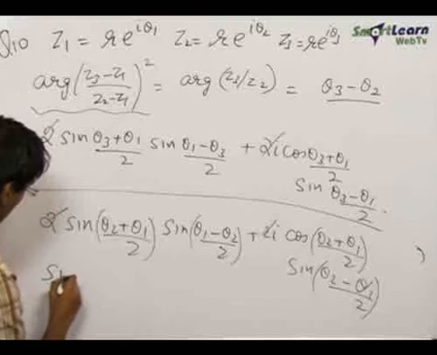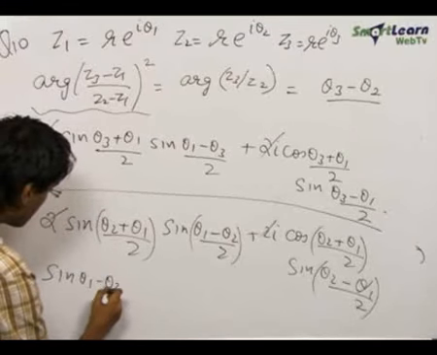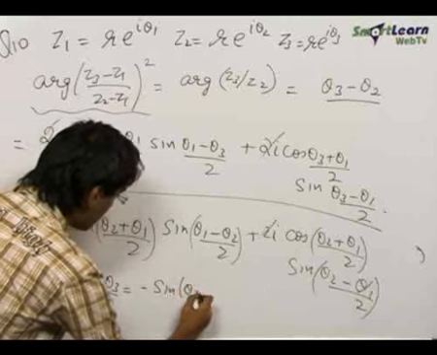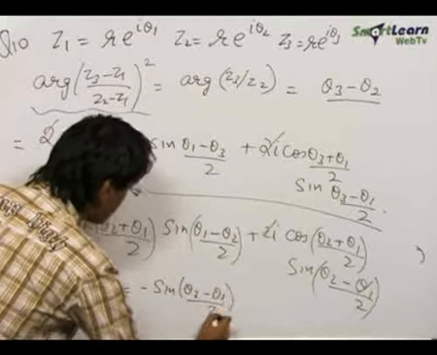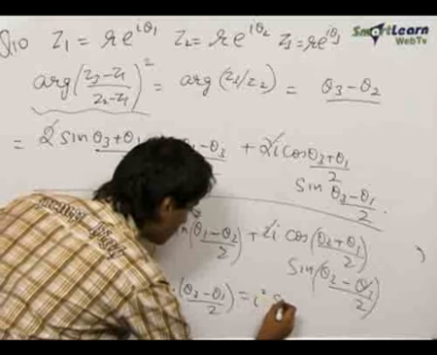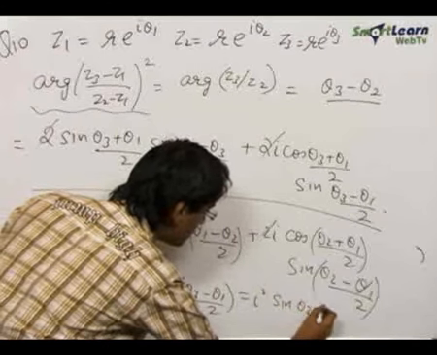Now we know that sin((θ1 − θ3)/2) is equal to −sin((θ3 − θ1)/2), which is equal to i² times sin((θ3 − θ1)/2).